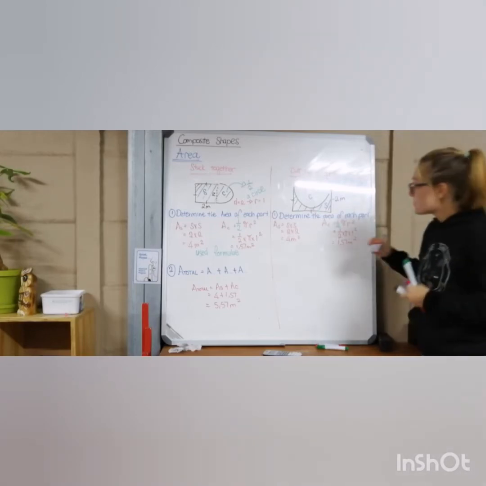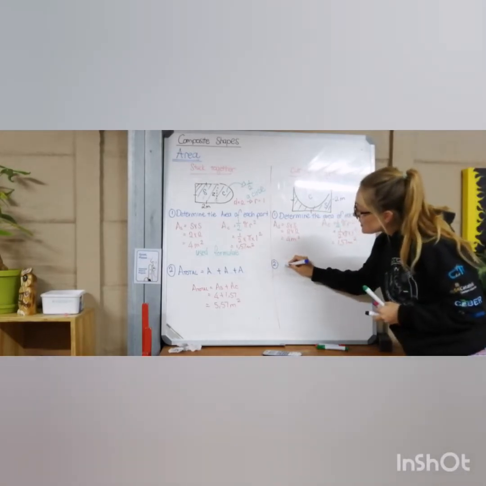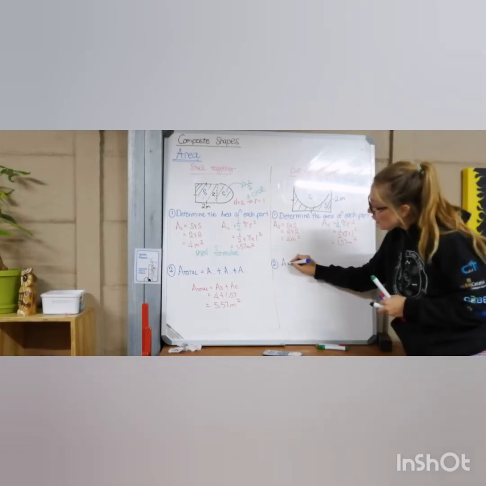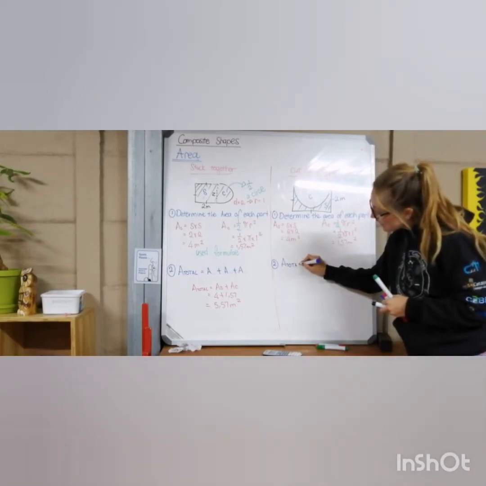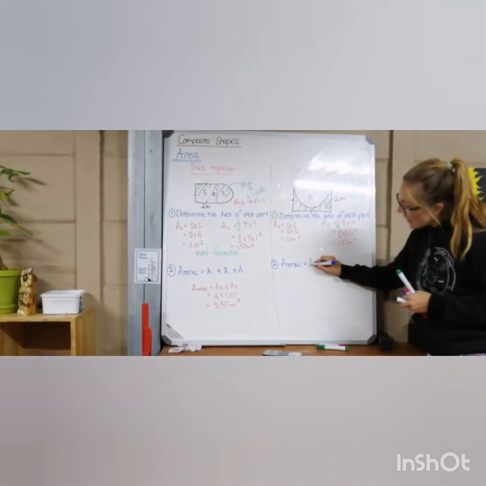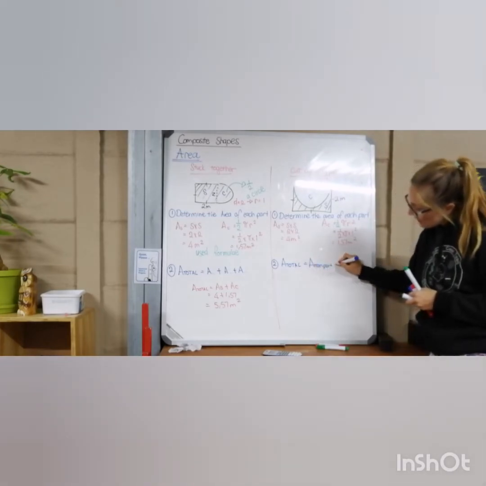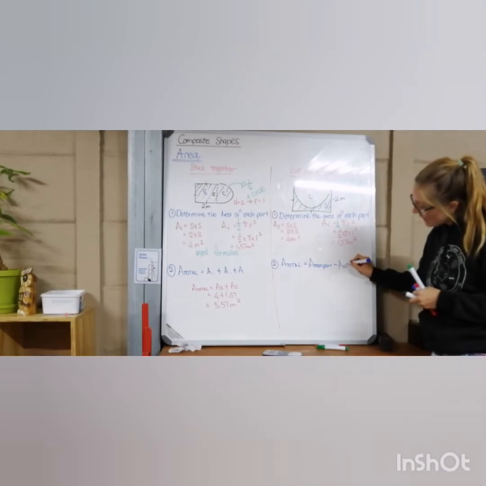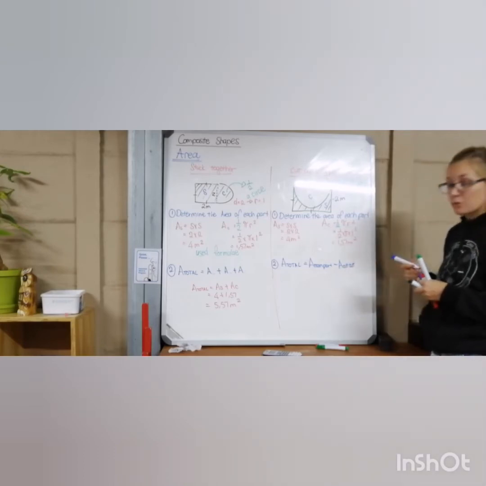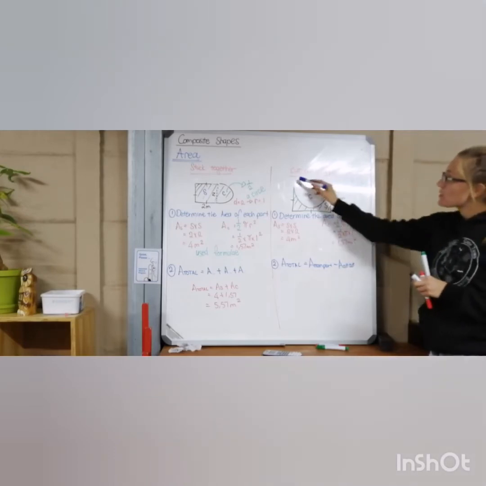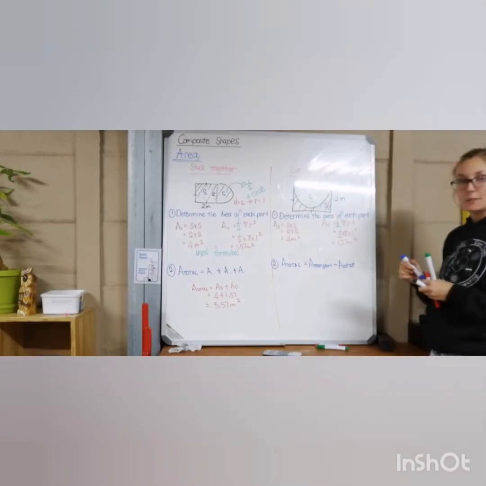The difference comes in here in step 2. Step 2, the total area is actually equal to the area of the main part minus the area of the cut out shape. Our main part was a square and we cut out a semicircle.